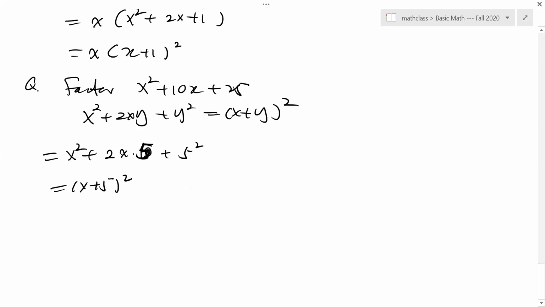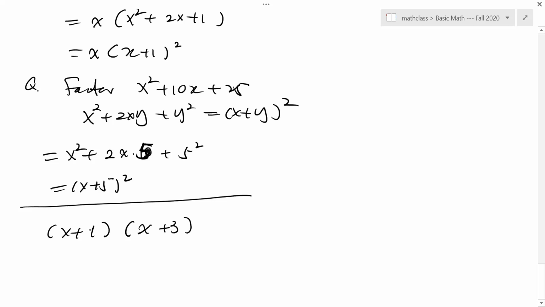All right, now let's do a little bit challenging one. Let's go back to x plus 2 times x plus 3. Let's multiply this out first. I get x times x, x squared, and 3 times x, and then 2 times x, then 2 times 3.